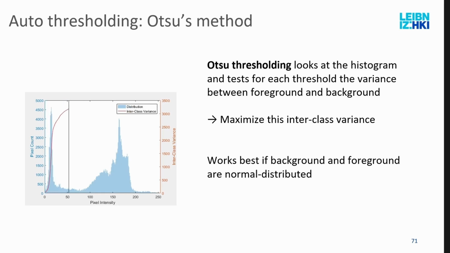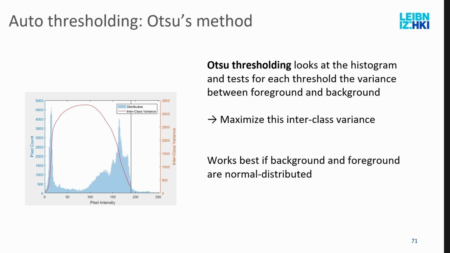And then Otsu thresholding, what it does, it basically goes through the histogram of your image, goes through all available threshold values, and then it calculates for each single threshold the variance between classes. So you want basically the within-class variance, the pixel variance, to be minimal. It calculates this interclass variance, and then it just takes the maximum of this one.